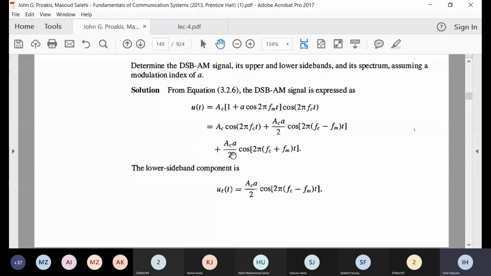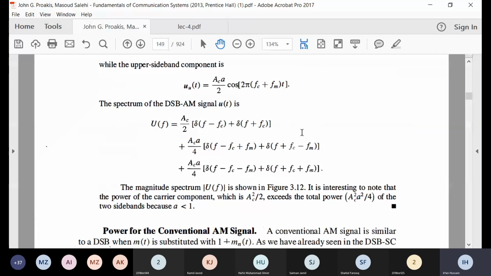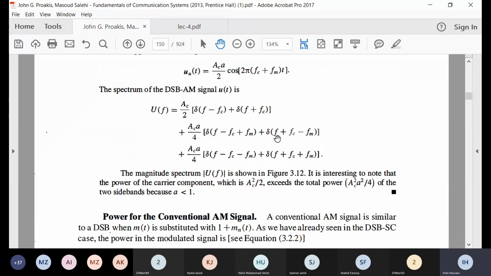This means it is AC A over 4. For all these terms, the magnitude is AC A over 4 into delta of respective frequencies. So these are the deltas, and this is AC A over 4. So I hope this is also understood. Now if I draw its magnitude, the magnitude spectrum is shown in figure 3.12.